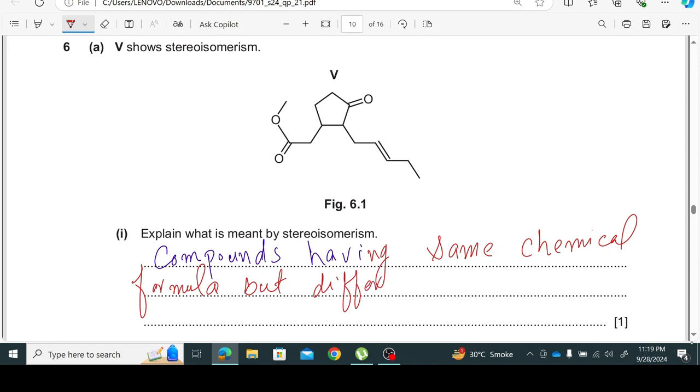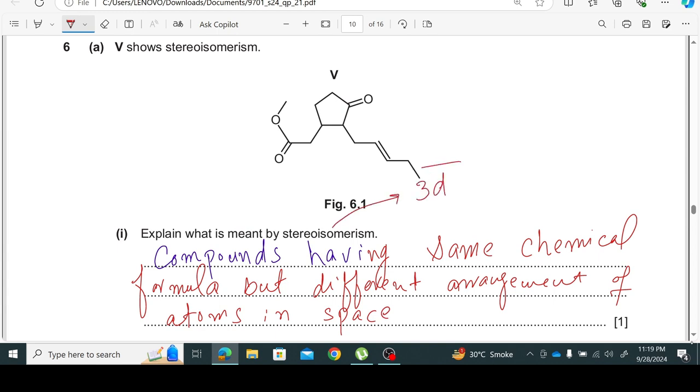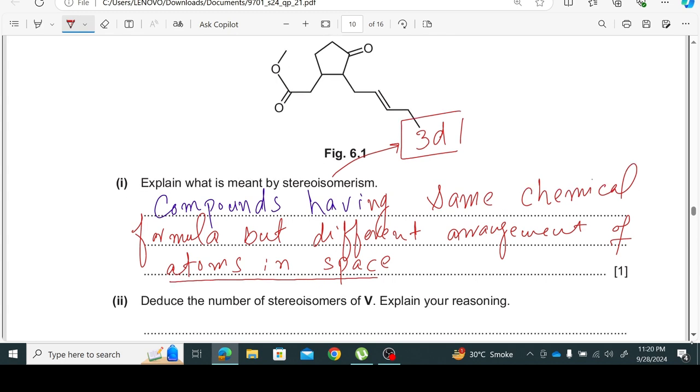Stereoisomerism is related to three-dimensional structure. It deals with the arrangement of atoms in space. Understand? So I explained it very well. Okay, the next we are moving.